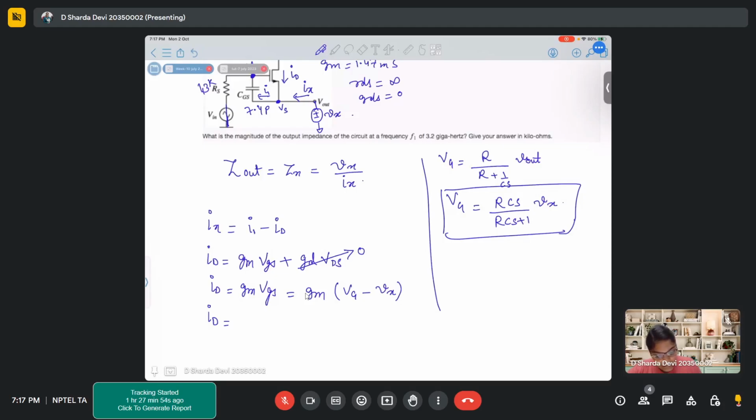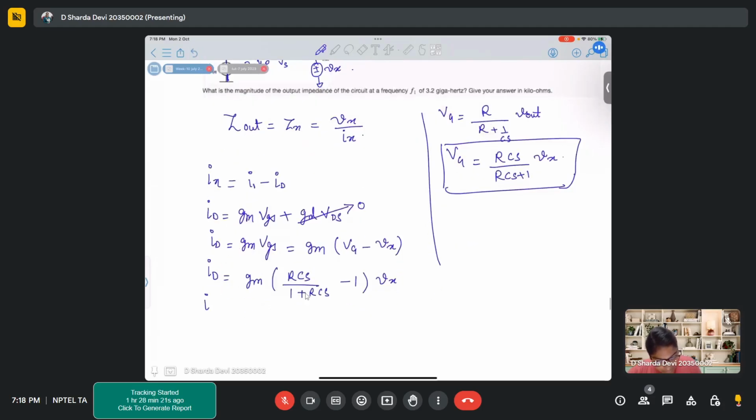So we got our ID in terms of Vx, that is Gm times RCs upon 1 plus RCs minus 1 times Vx.